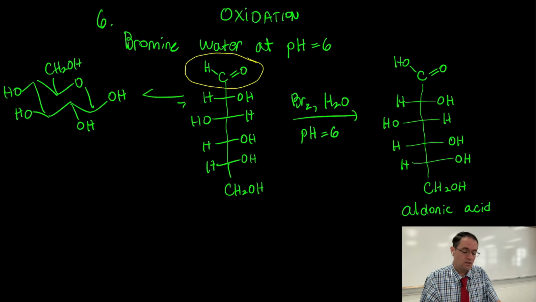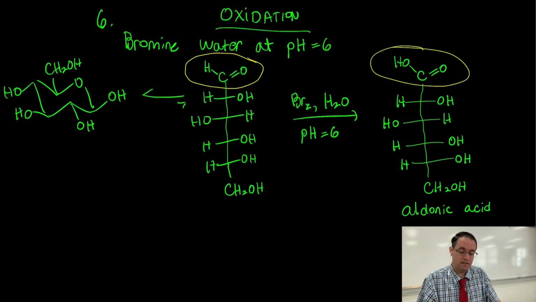We can also oxidize sugars with nitric acid. We can do an oxidation using bromine water at pH 6, and that's very selective for only the aldehyde. Only the aldehyde gets converted to the carboxylic acid. Our seventh reaction here is going to be oxidation with nitric acid.